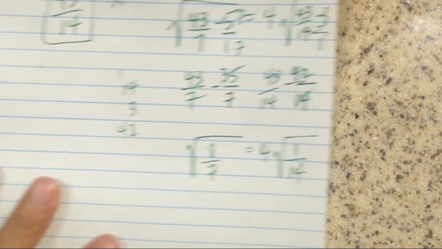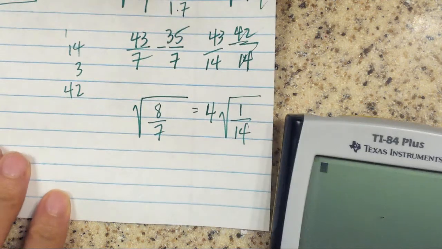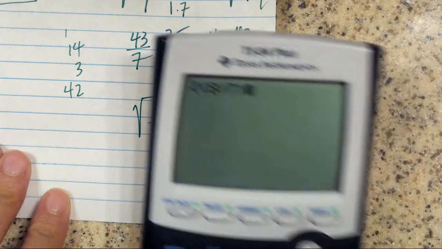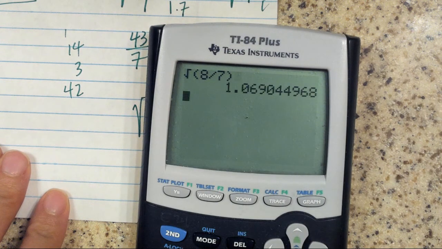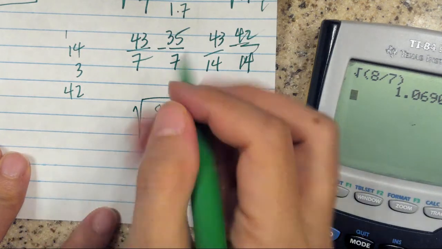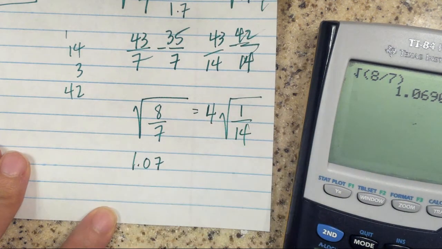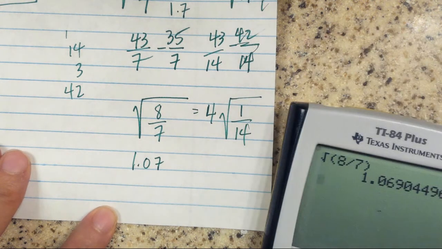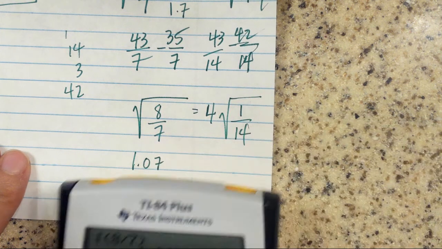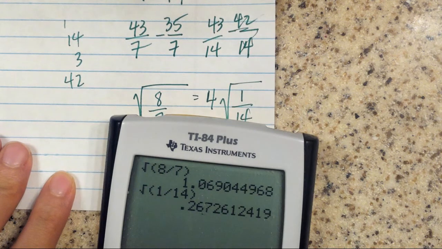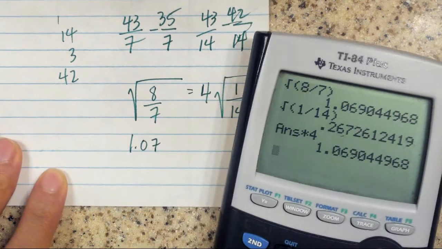And from here I'm just going to double check. If I plug in the square root of 8/7 in my calculator, because it's all underneath the square root, I get 1.07. On the right side, if I take the square root of 1/14, you get 0.27, but then I multiply that by 4, I also get 1.07.